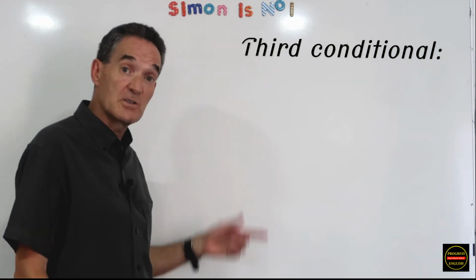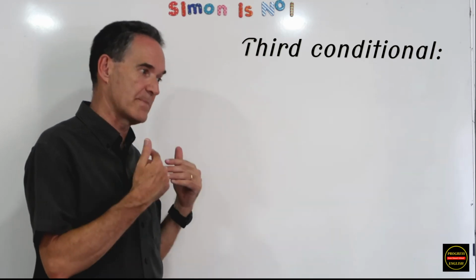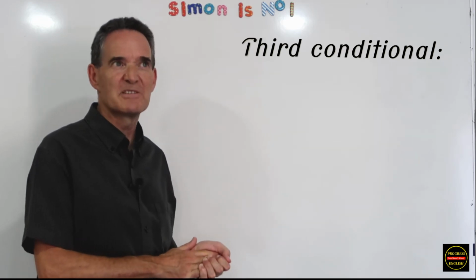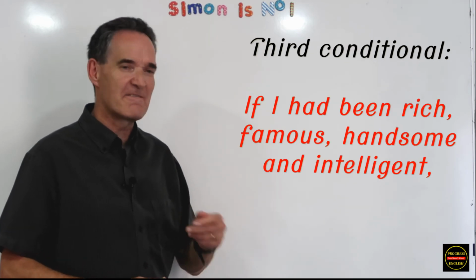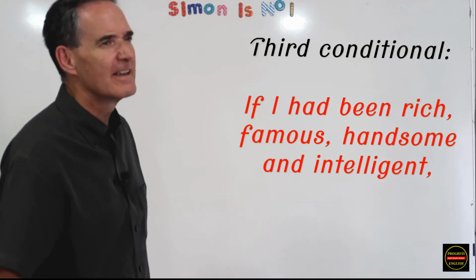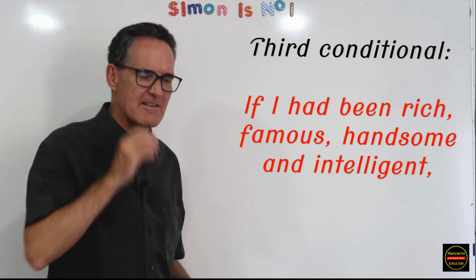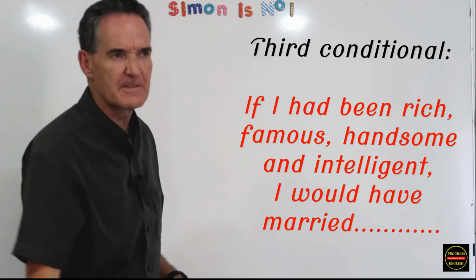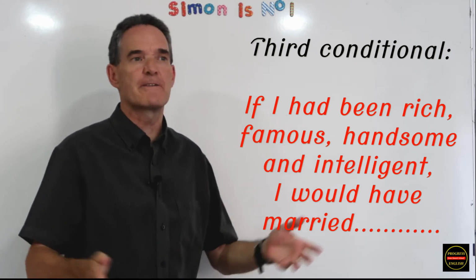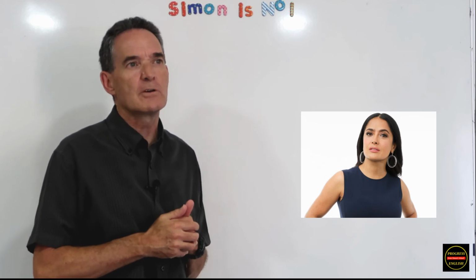Okay, let's have a look at the third conditional now, which is impossible because it's theoretical, it's in the past. Let's see. If I had been rich and famous and handsome and intelligent, I think I would have married a famous film star like, I don't know, like Jennifer Lopez or, no, Salma Hayek or, no, Julia Roberts.